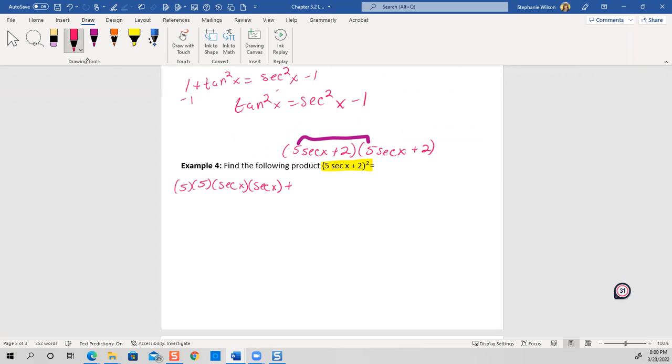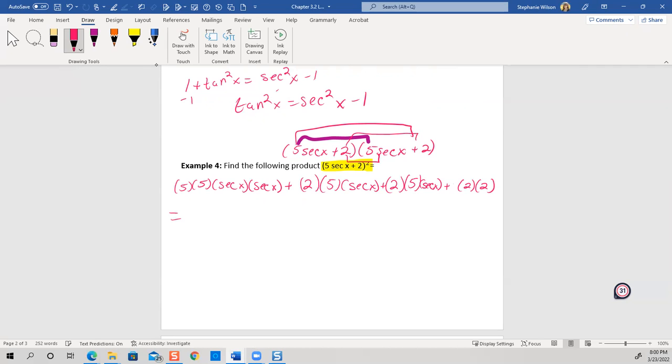Then a plus, and then we have our outers: 2 times that 5 secant x. Then our inners: plus 2 times that 5 secant x. And then our last: 2 times 2.